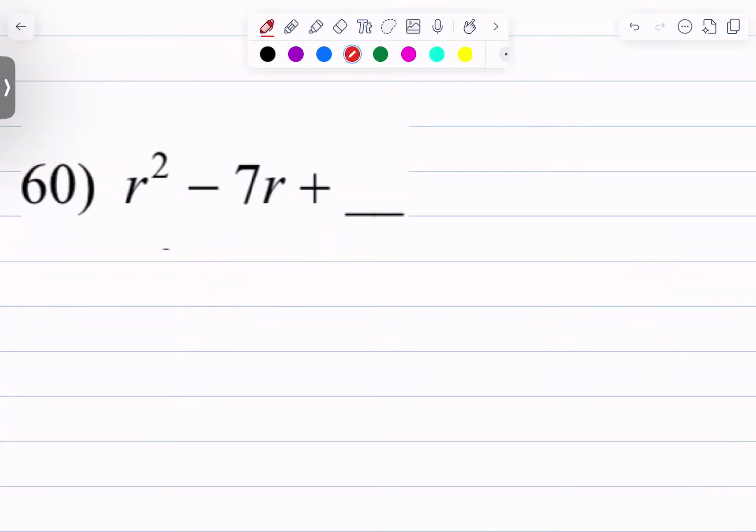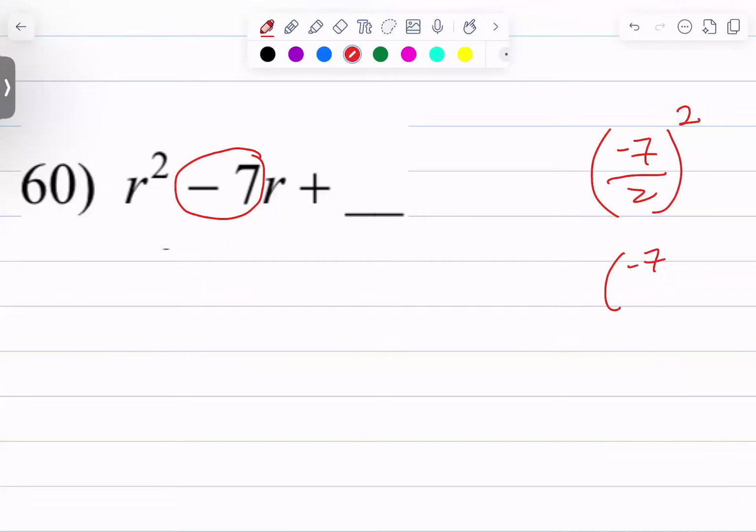All right. Number 60, we have this. So I'm going to take this coefficient, negative 7, half it, square it. Okay. So that is just negative 7 over 2 squared, which is positive 49 over 4.